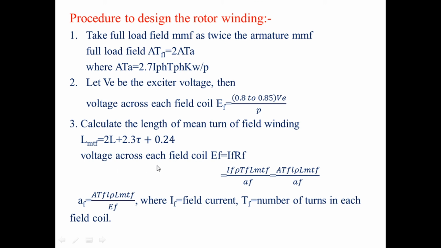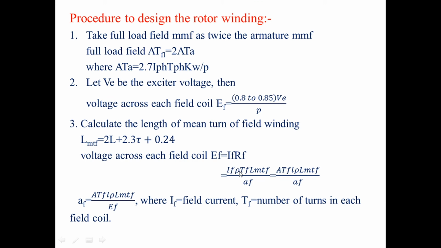Now the voltage across each field coil is given by EF equal to IF into RF. RF is nothing but the resistance of the field winding, which is given by rho into TF into LMTF divided by AF, correct. So IF into TF is given by ATFL.